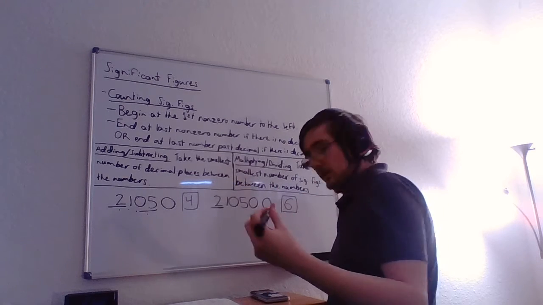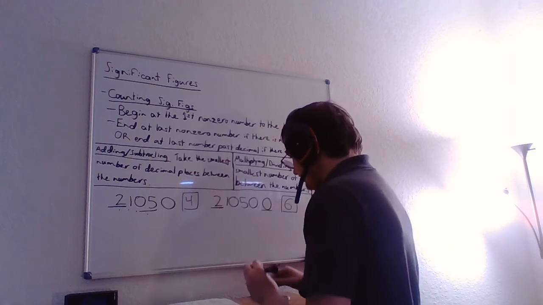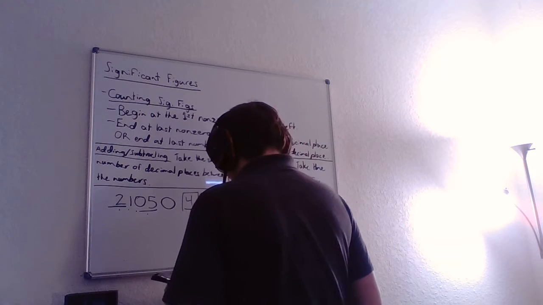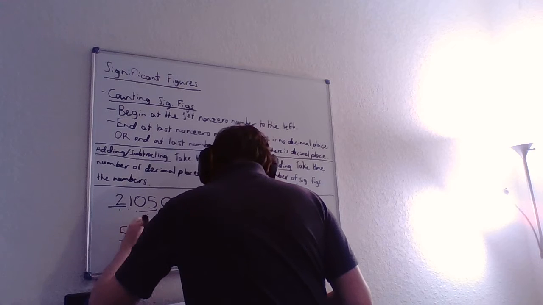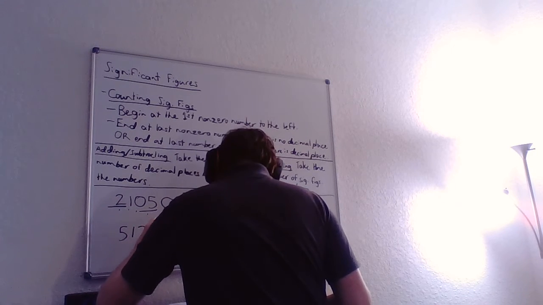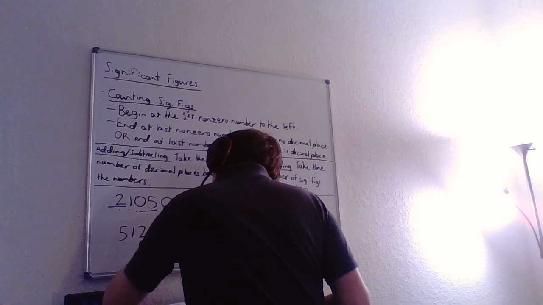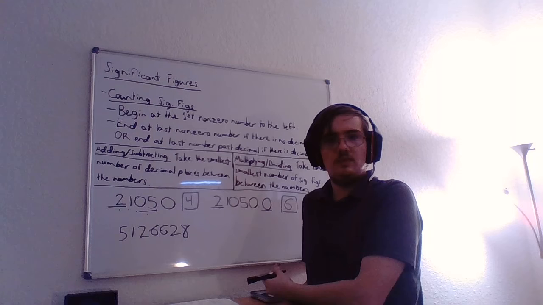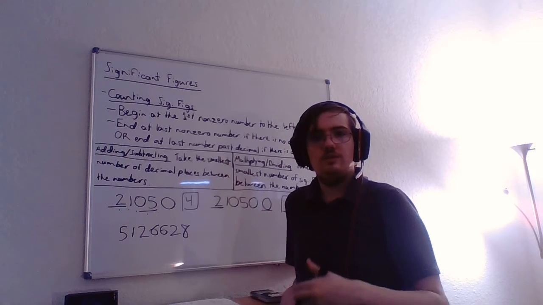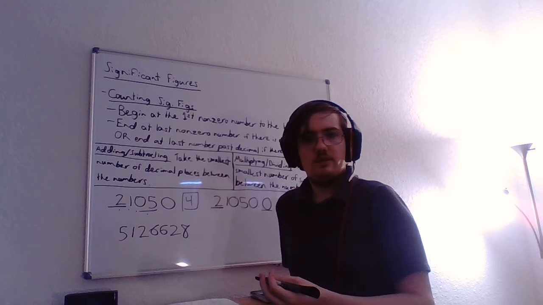Now there's one last situation that shows up for these types of problems. Sometimes you're given a number and you're asked to round to a certain number of sig figs. So let's say you were given this number and you were told to round to 4 significant figures.